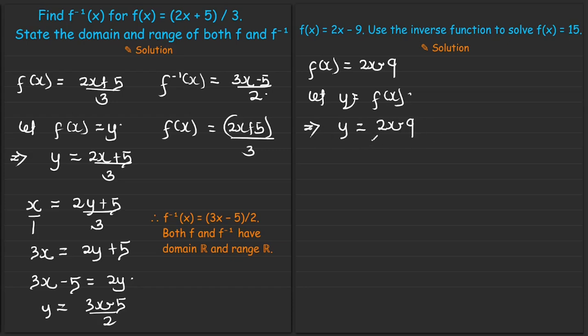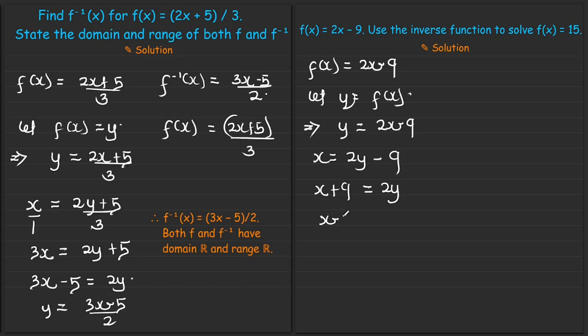After this step, we swap. So x is equal to 2y minus 9. That is swapping x for y. Then we now make y the subject. So we have x plus 9 being equal to 2y. That is negative 9 moved to the other side to give us a positive 9.